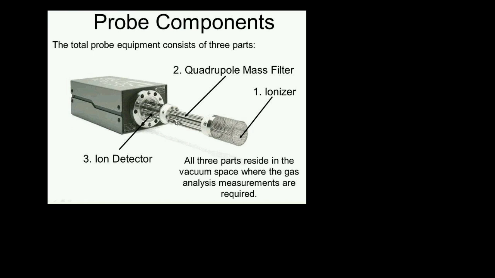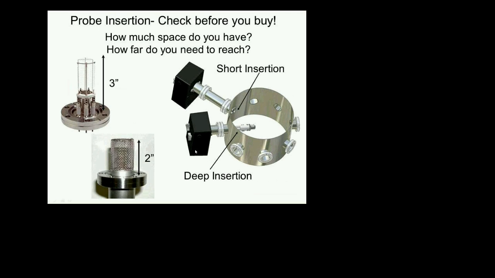So in other words, the entire probe is inserted into the vacuum system and is immersed in the same gases that are present in the vacuum system. The ionizer, where the ions are made, the quadrupole mass filter, which separates the ions based on their mass to charge ratio, and the ion detector, which detects the ions according to their mass to charge, and then provides a signal to be measured by the ECU.